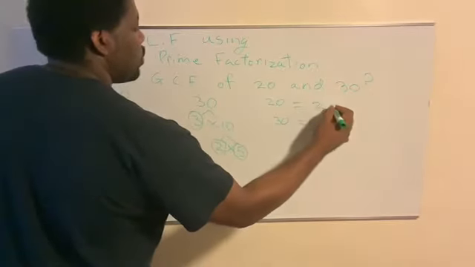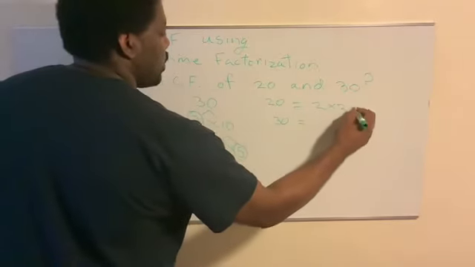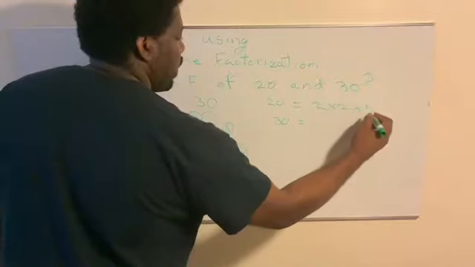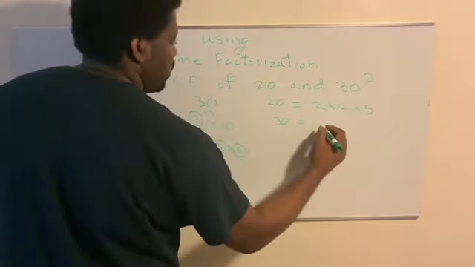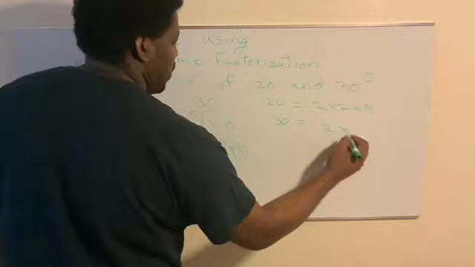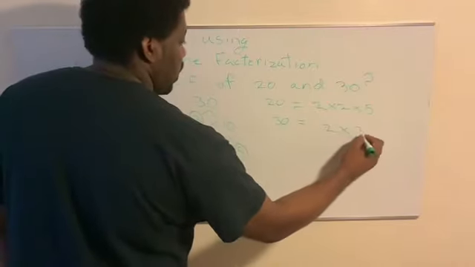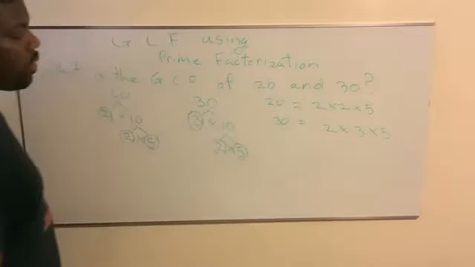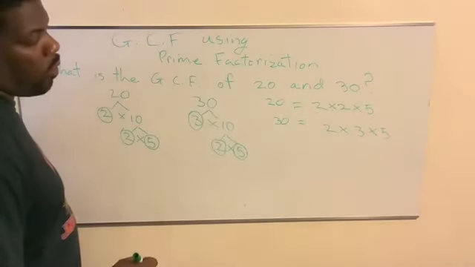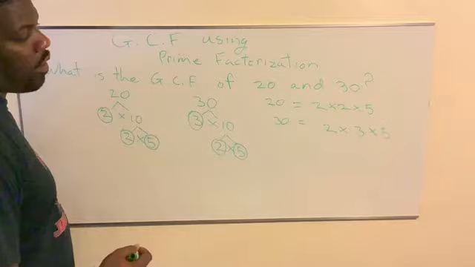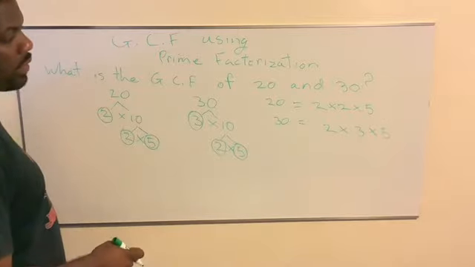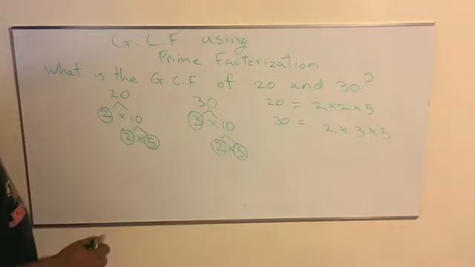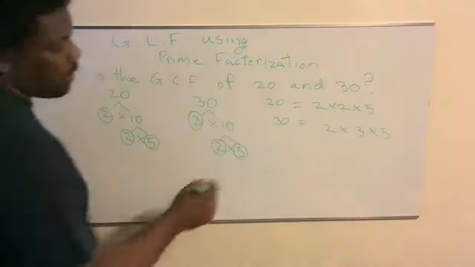Twenty is equal to 2 times 2 times 5, and 30 is equal to 2 times 3 times 5. Okay, so with this method, we're going to multiply the shared prime factors.